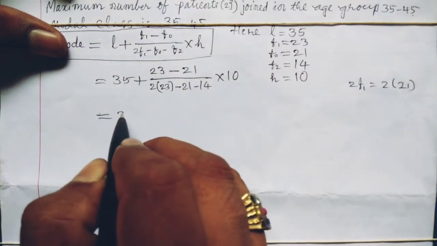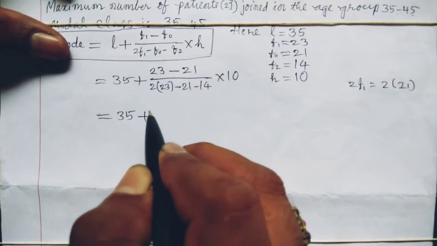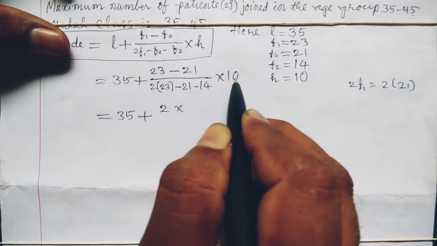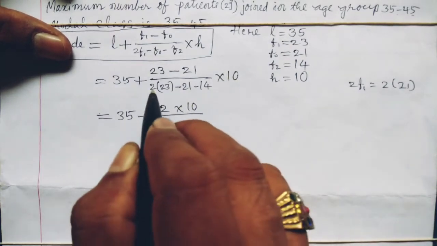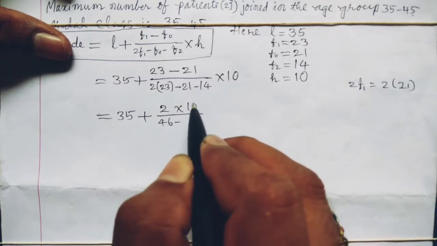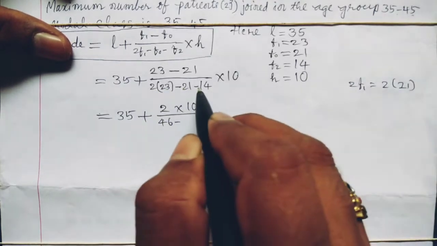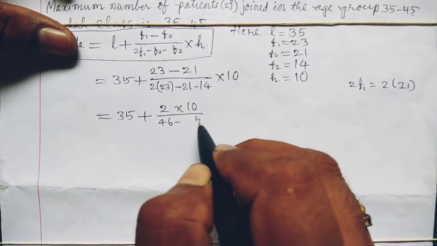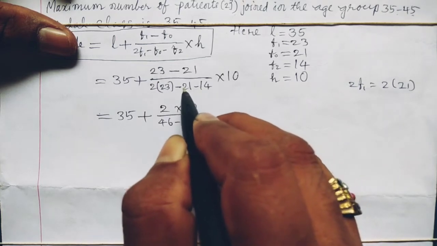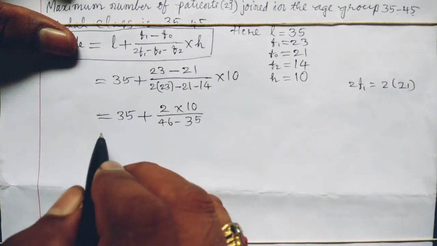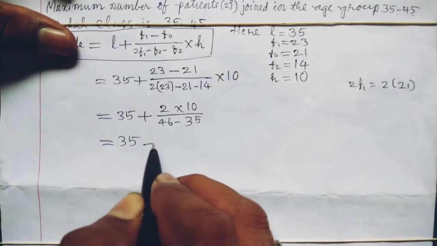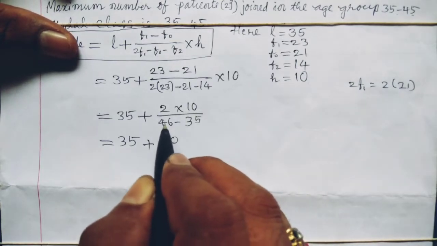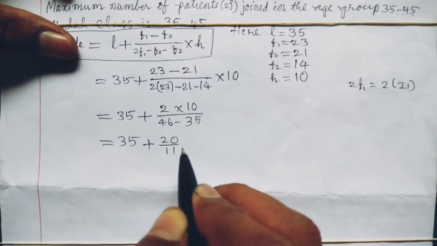That is equal to 35 plus (23 minus 21) into 10 over the denominator: 2 into 23 is 46, minus 21, minus 14, which is 11. So it is equal to 35 plus 2 tens are 20, by 46 minus 35, 11.